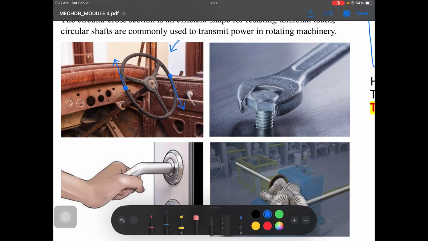As you can see, this is what we studied in statics. This is a couple force.